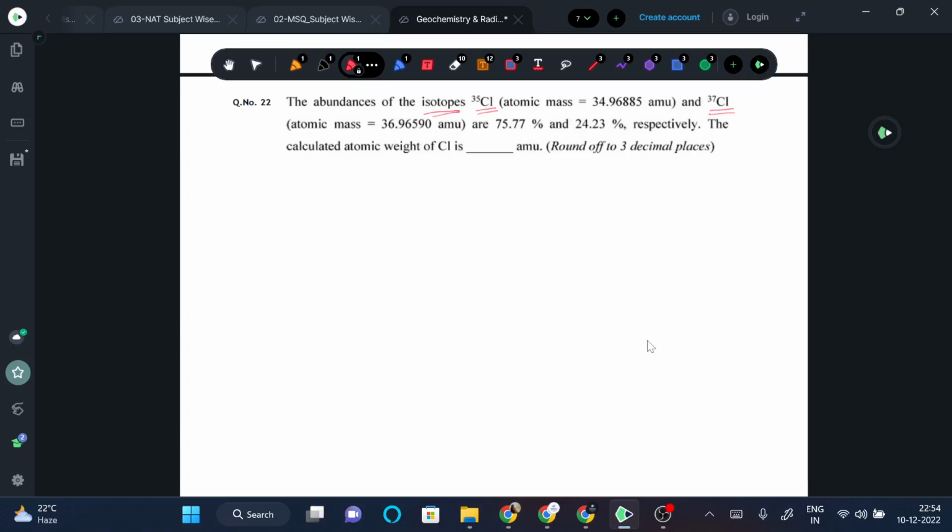Atomic mass is given for Cl35 and for Cl37. Abundances of isotopes are given as 75.77% and 24.23%. The calculated atomic weight of Cl is dash AMU, rounded off to 3 decimal places. The calculated atomic weight of Cl is what it is asking.